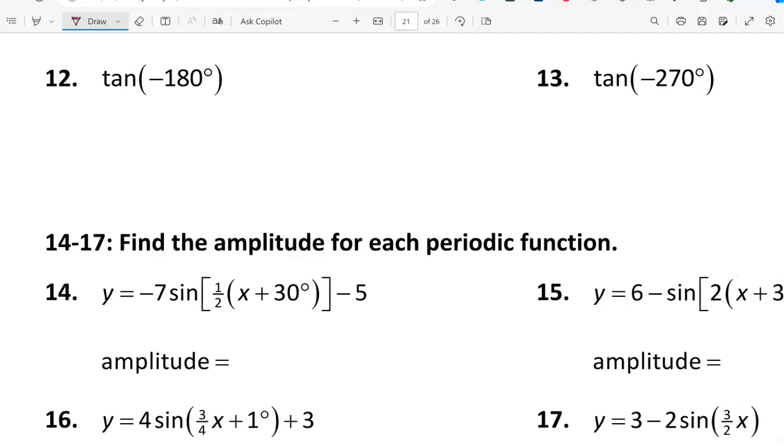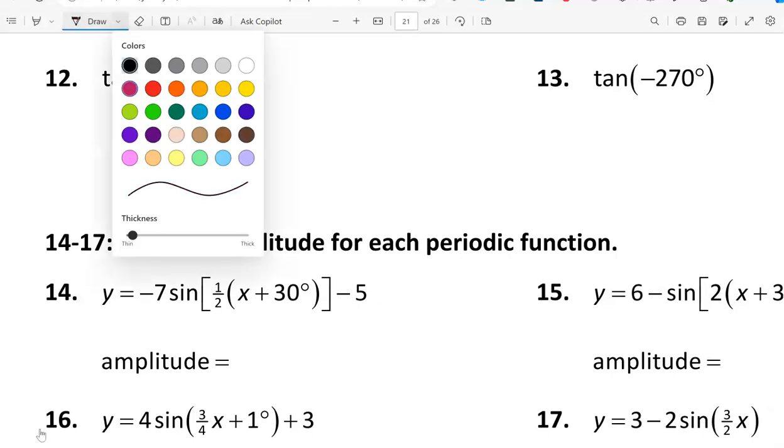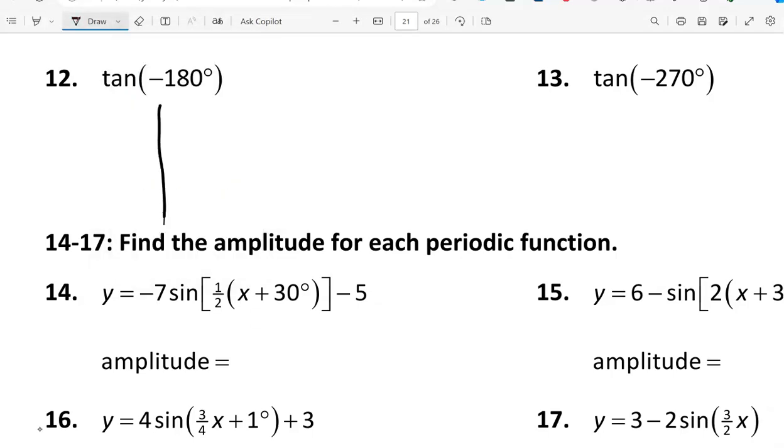Now let's try number 12, the tangent of negative 180 degrees. So for tangent, we can make a drawing. And negative 180 degrees is a clockwise rotation that takes me halfway around from the positive x-axis. So it terminates on the negative x-axis.